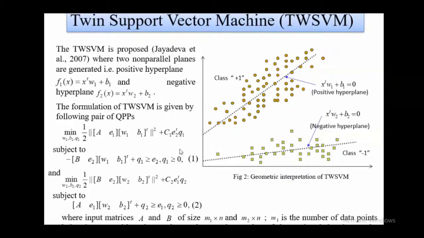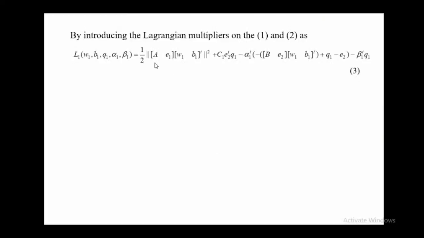This particular term is the objective function, and you just club it with all the constraints. The first constraint you club with minus alpha 1 transpose, and minus beta 1 transpose for the second constraint.